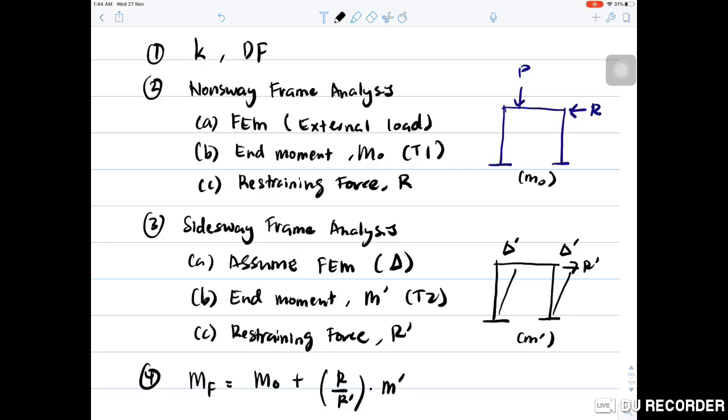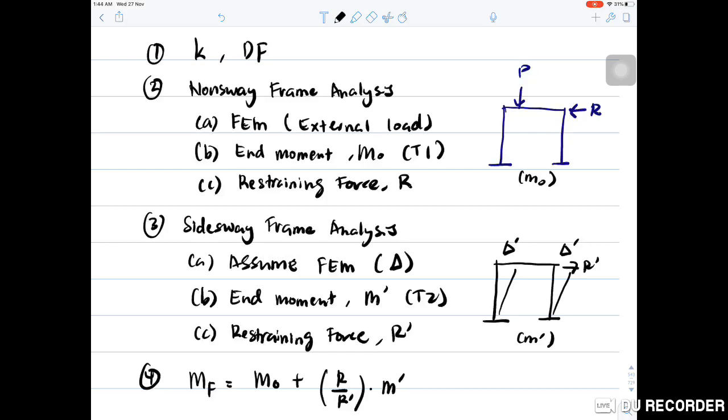I divide it into 4 main steps. Number 1, we need to determine the stiffness factor in order to calculate the distribution factor, and we will use the same distribution factor for step 2 and step 3, for table 1 and table 2.